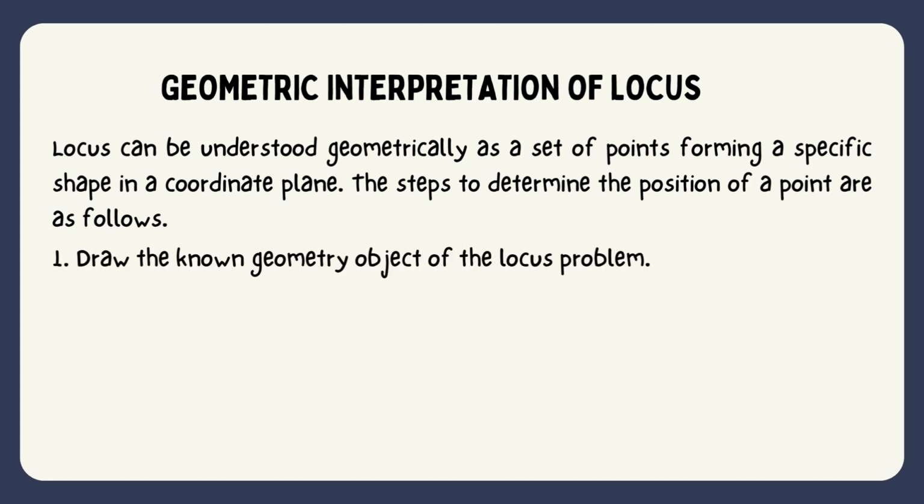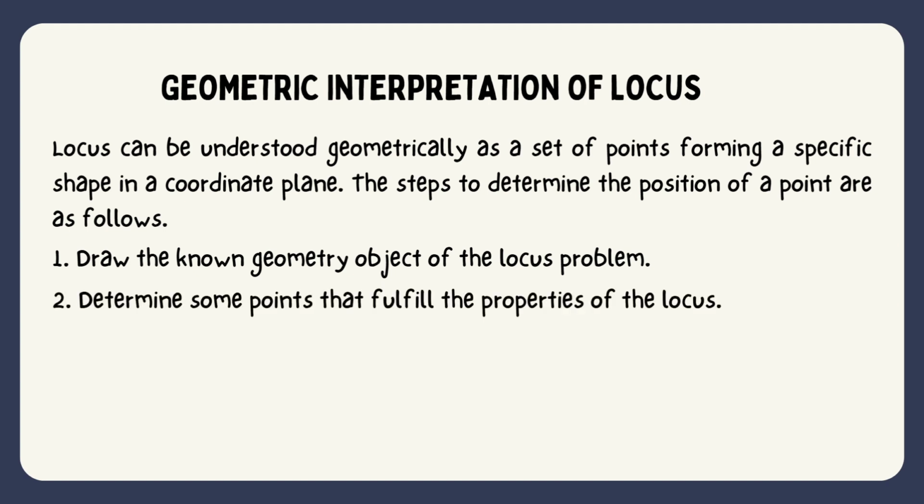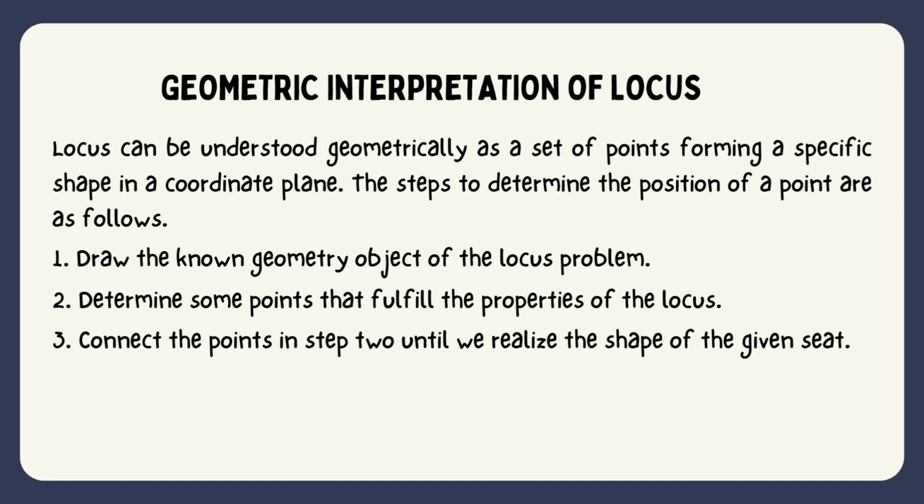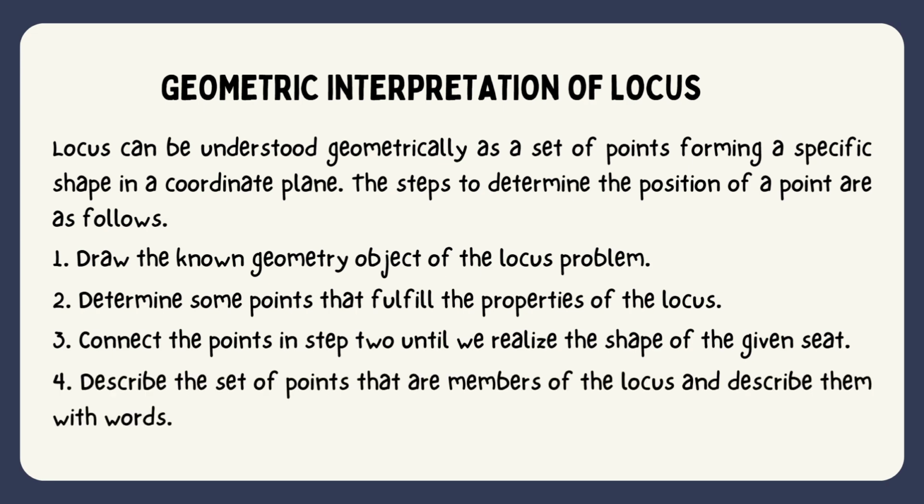The first, draw the known geometry object of the locus problem. The second, determine some points that fulfill the properties of the locus. Third, connect the points from step 2 until we realize the shape of the locus. Fourth, describe the set of points that are members of the locus and describe them with words.